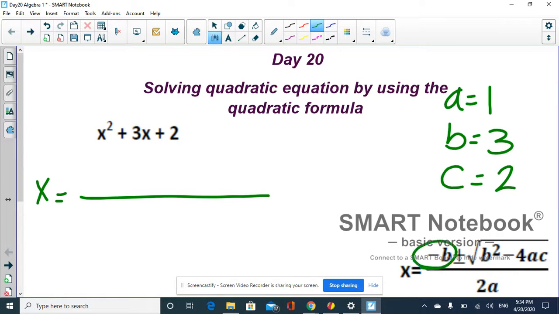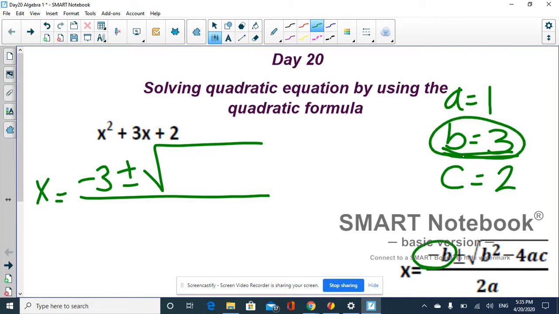negative b. Negative b means the opposite of this. B equals positive 3, so negative b is negative 3. If b is negative, negative b will be positive. So this is the opposite. Plus or minus the square root of b squared.